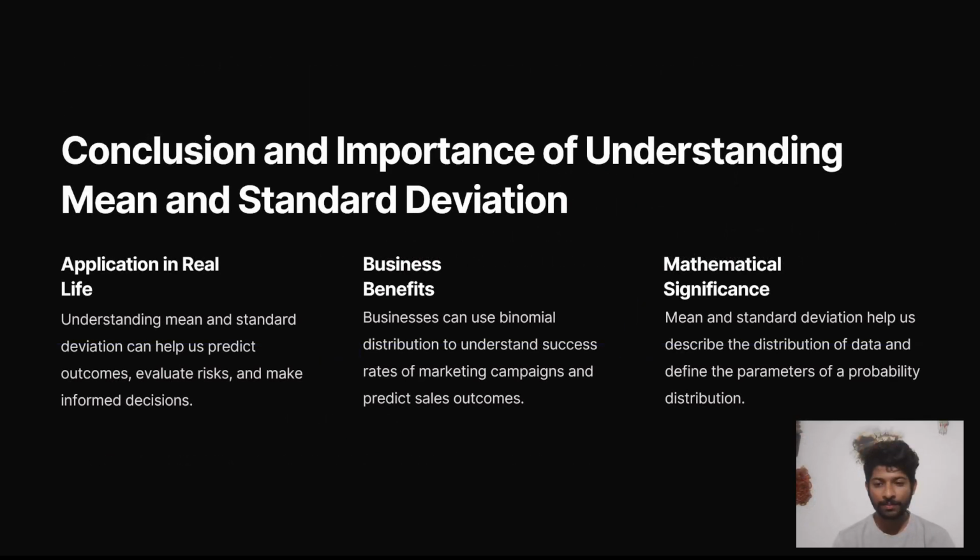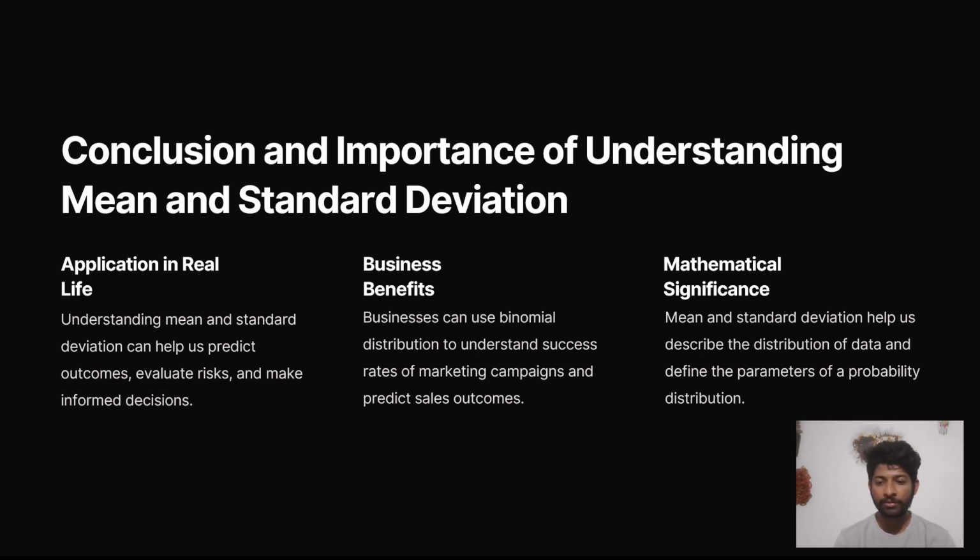So the conclusion: what we have learned and the importance of understanding the mean and standard deviation of binomial distribution. What are the applications in real life of binomial distribution? Understanding the mean and standard deviation can help us predict outcomes, evaluate risk, and make informed decisions in our life.